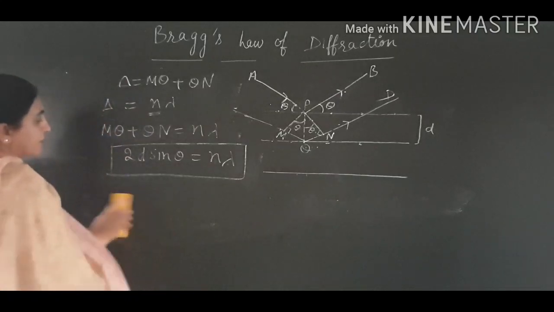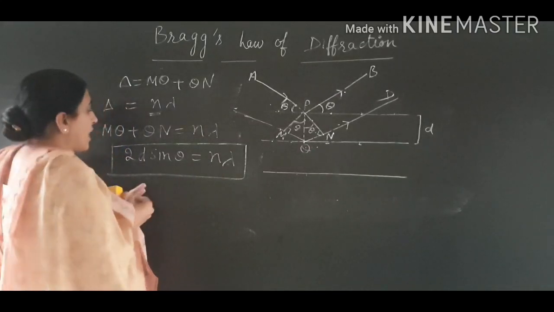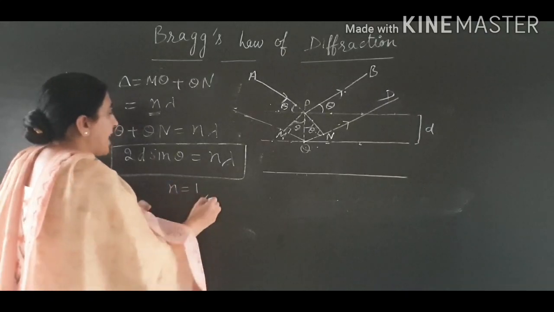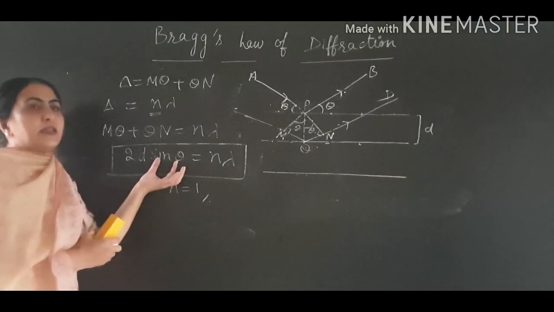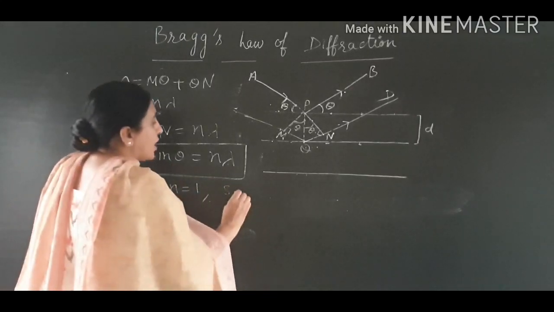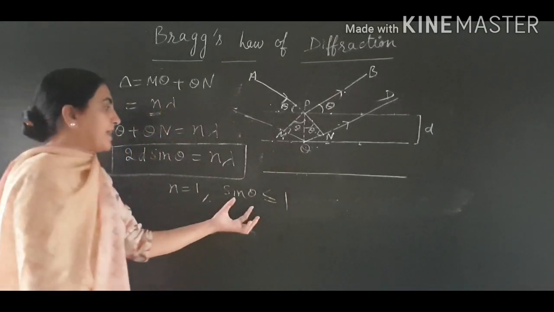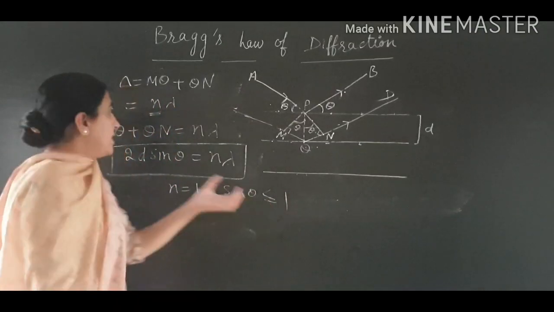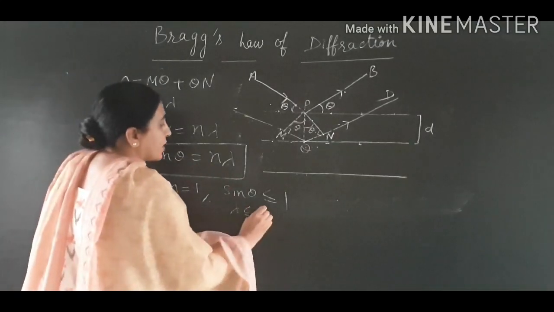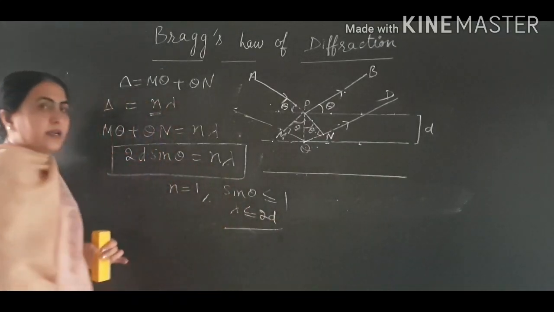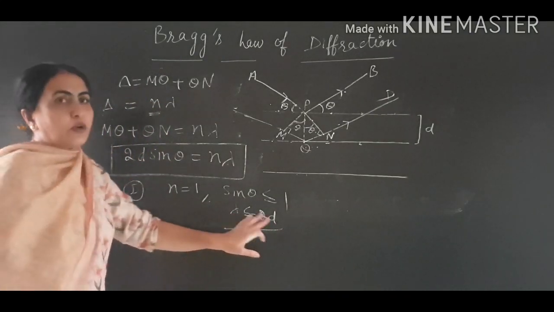Then, you know that these are the conclusions: sin theta is always less than or equal to 1. If sin theta is less than or equal to 1, then what about lambda? Lambda must also be less than or equal to 2d. So this is the first conclusion: lambda must be less than or equal to 2d.